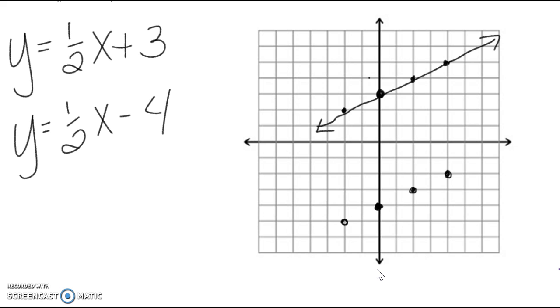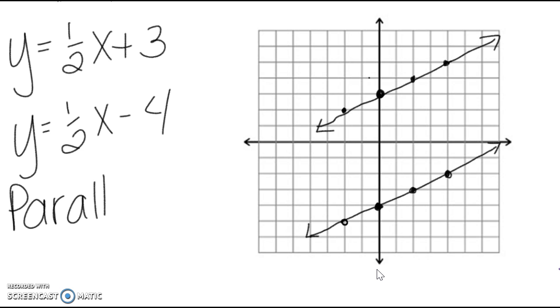So same slope, as you noticed. And you may have already guessed that these are going to come out to parallel lines. So if I did the same exact slope, those lines are going to be slanting the same degree or in the same direction. They're both increasing. They're increasing by the same amount as we run the same amount.